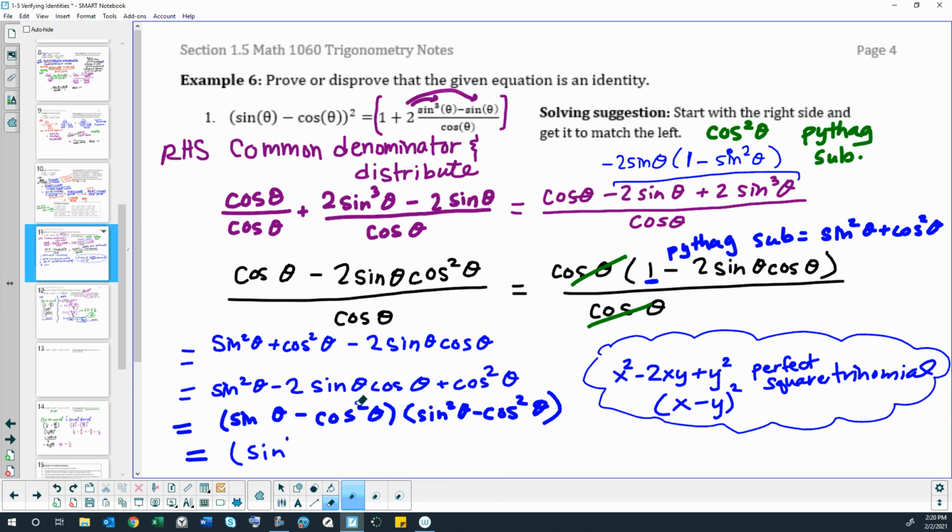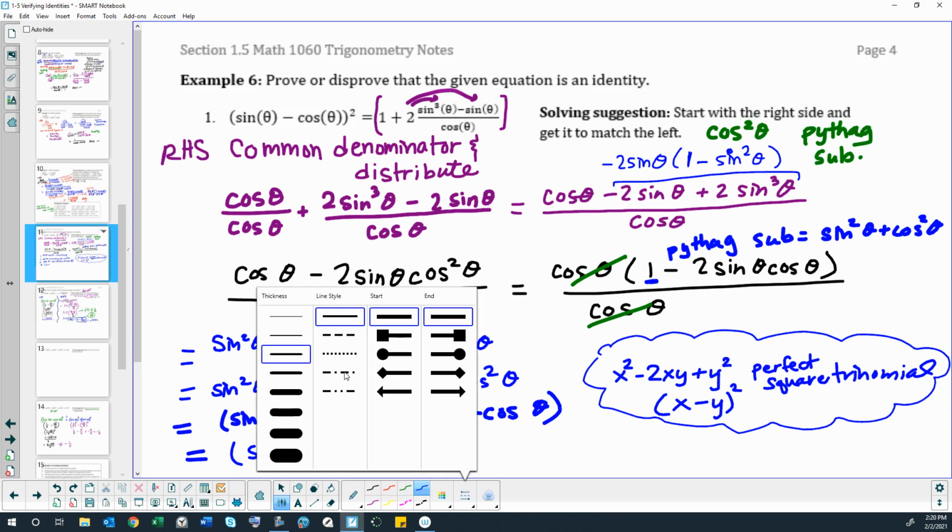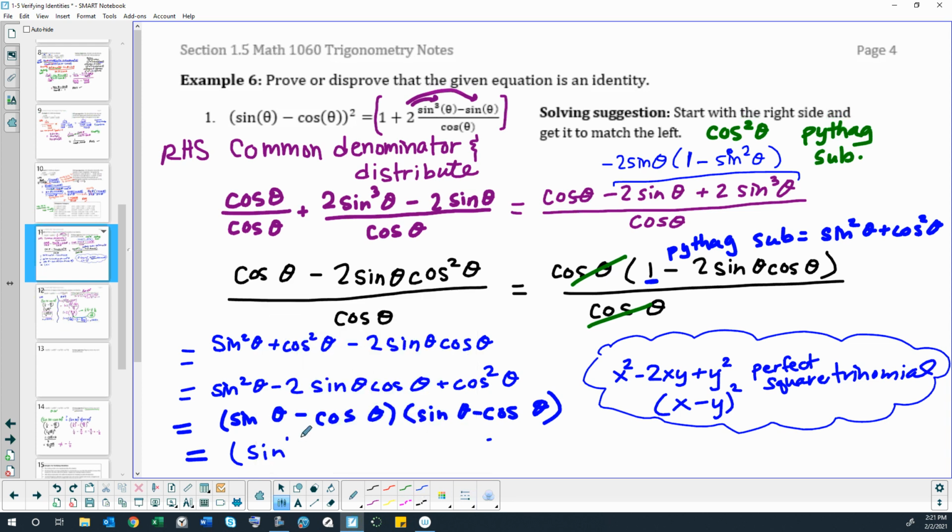No, not squared. It's gone. Maybe nobody noticed. Glad I noticed. Okay, so we're taking that out. So then altogether, this is sine theta minus cosine theta squared, which is proved.